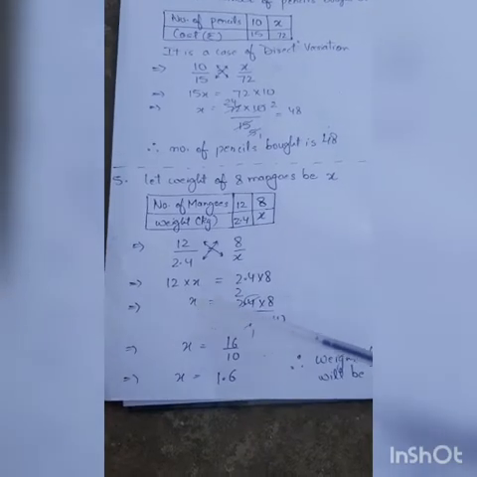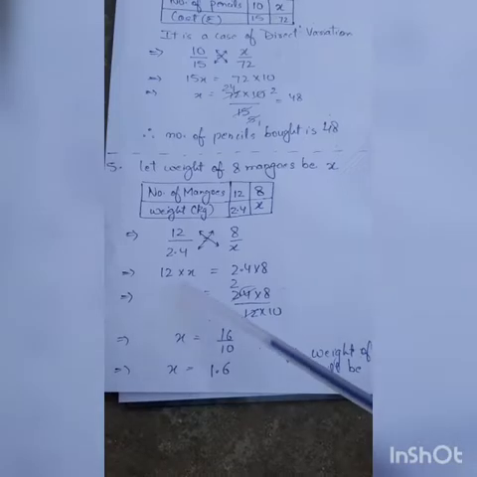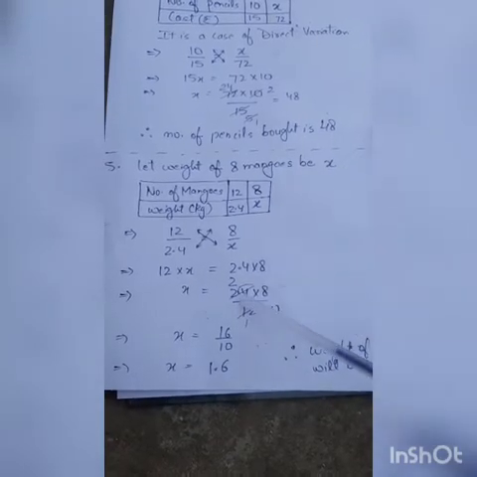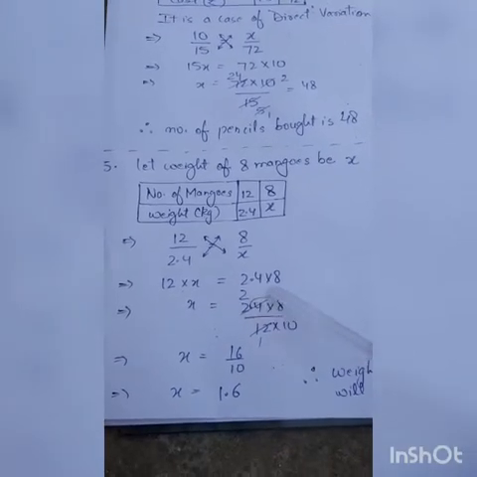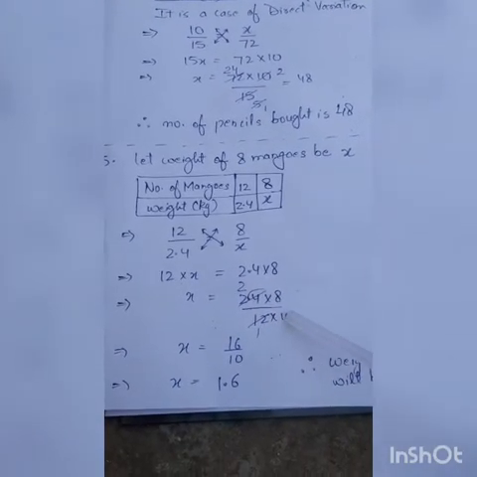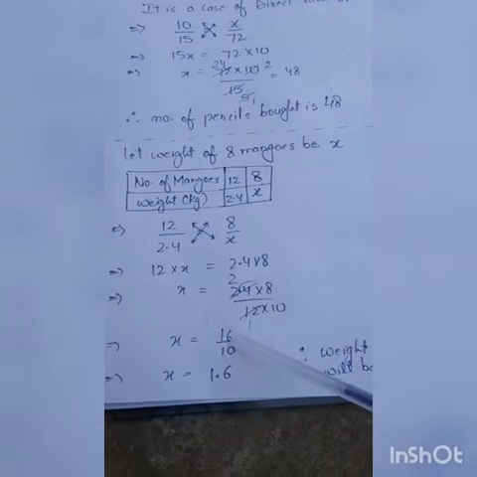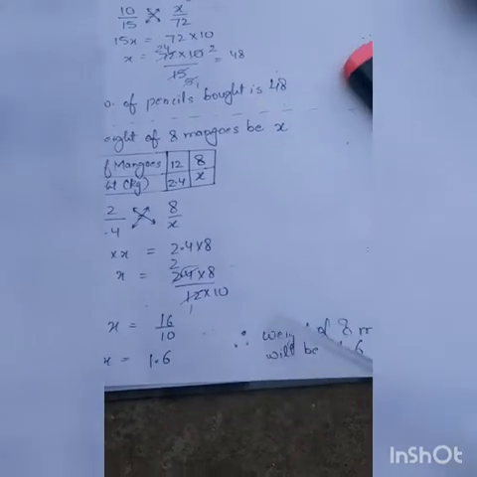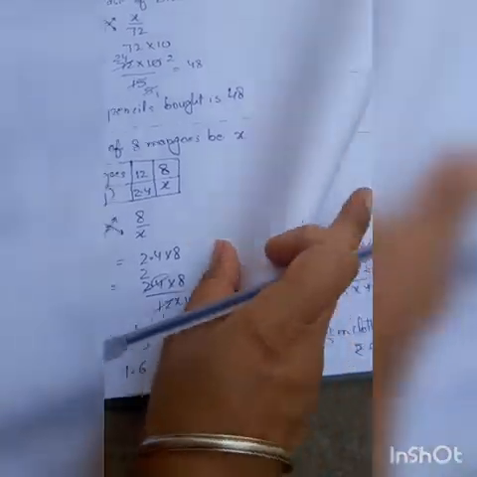So X is 2.4 into 8 upon 12, because 12 came here and it will get divided. I removed the decimal, I got a 10 in the denominator, and I can cancel: 12 ones are 12, 2 8s are 16. 16 upon 10 came, which means 1.6. Therefore, the weight of 8 mangoes will be 1.6 kg.